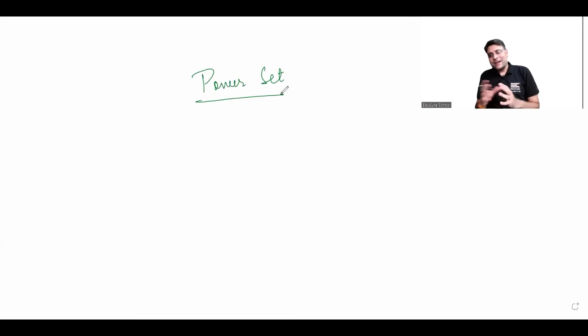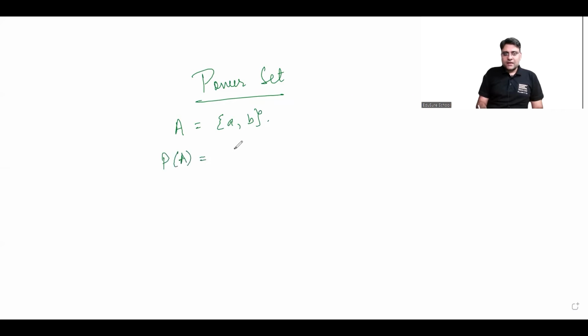Okay, so it arises out of the concept wherein we discussed subsets. So from a given set, let's define another set which gives us the set of all subsets. Okay, so if I have a set A containing two elements a, b, the power set, defined as P of A, is basically, firstly, the null set, which doesn't have any element.